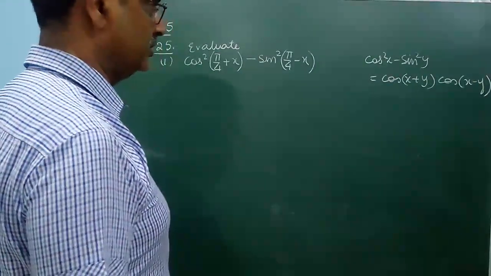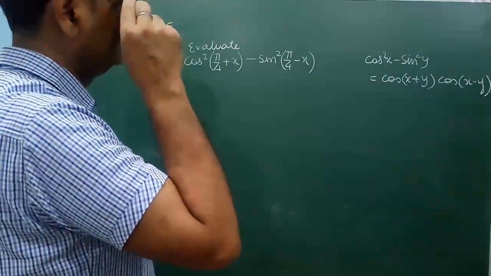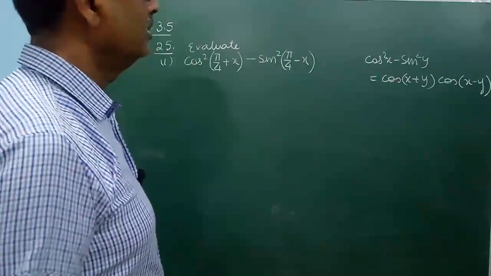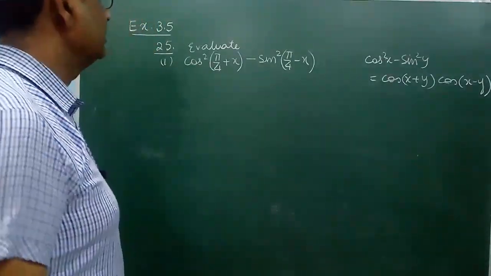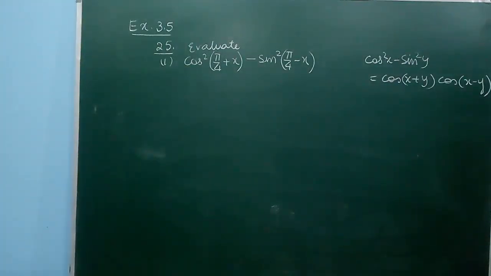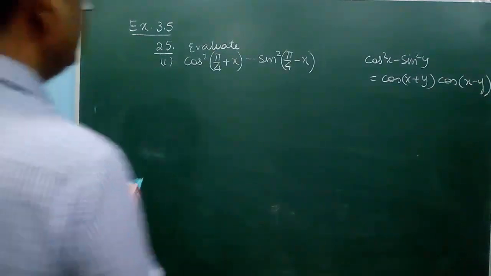This formula we can use: cos x plus y into cos x minus y is equal to cos square x minus sin square y. So here we will be using it.